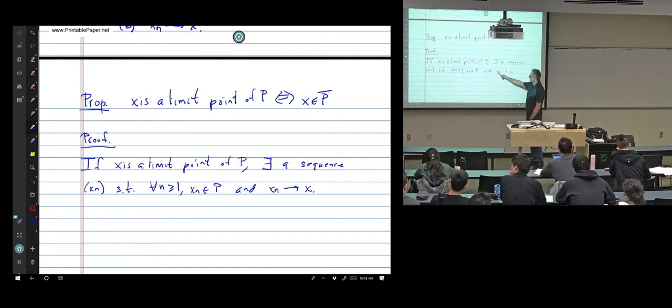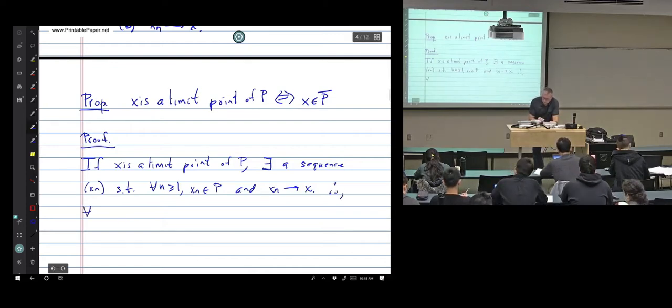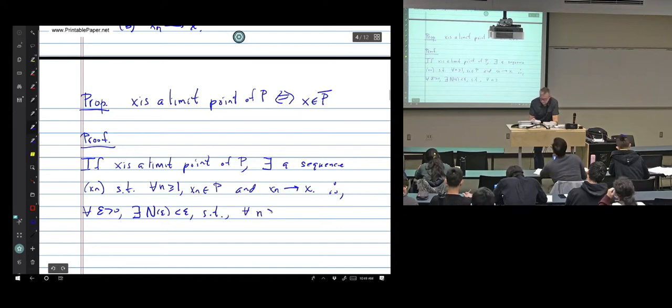So let's now just unwrap the definition of convergence. Conclusion: for every epsilon greater than 0, there exists an N of epsilon finite such that for every n bigger than capital N, the norm of xn minus x is less than epsilon.